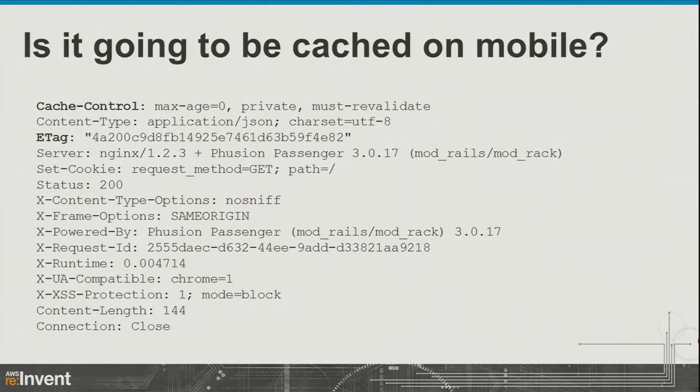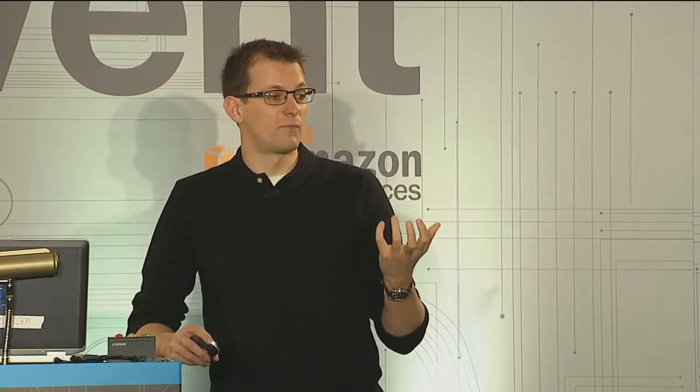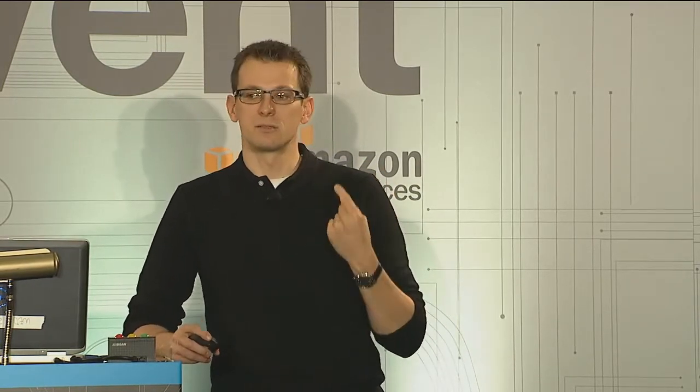The problem is the cache control header, which says maximum age 0, private, and must-revalidate. So from the mobile application's perspective, I'm going to get that content, be told I can keep it for 0 seconds, and even if I kept it, I need to go back to the server every single time to validate that it's still good.